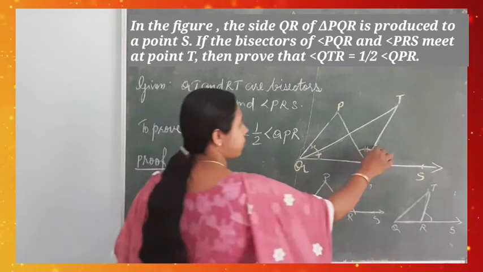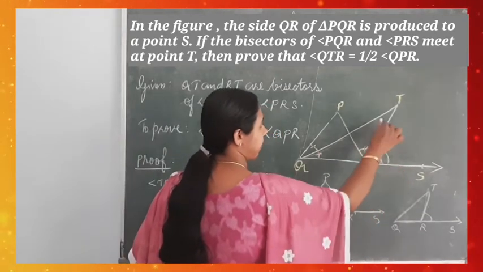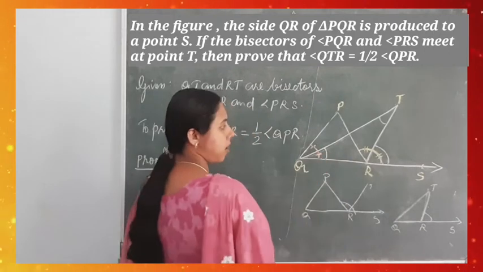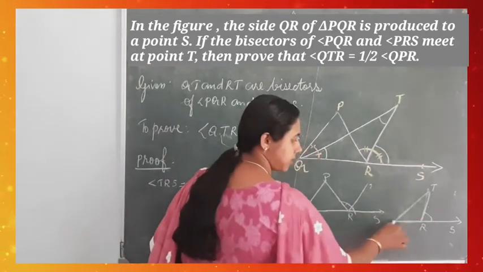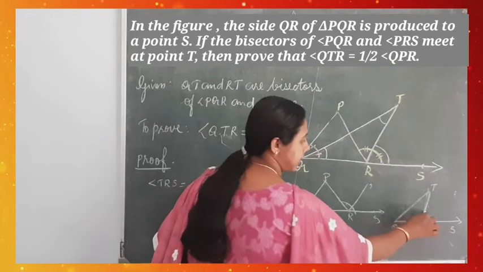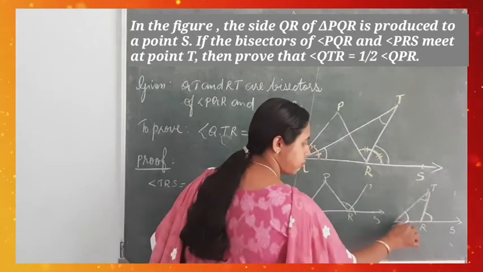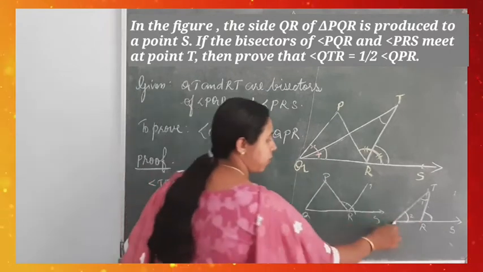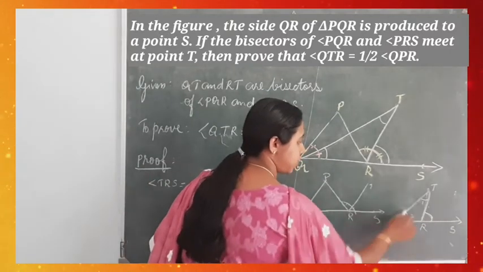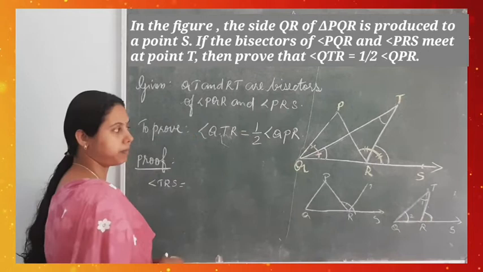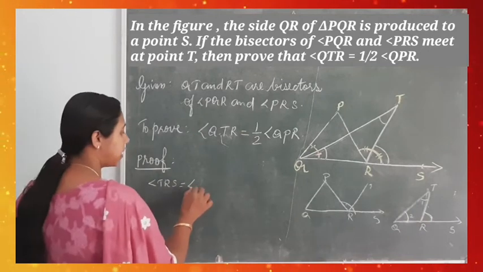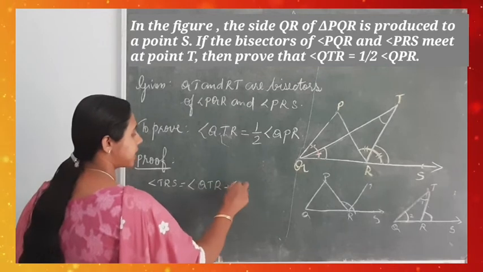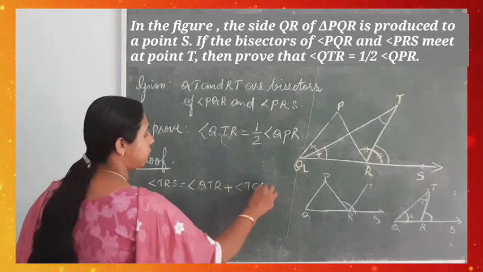The two interior opposite angles are angle QTR and angle TQR. That means if you take this triangle separately, this angle is equal to the sum of these two angles, angle 1 and angle 2, you can mark it. That is QTR plus TQR. So angle QTR plus angle TQR.